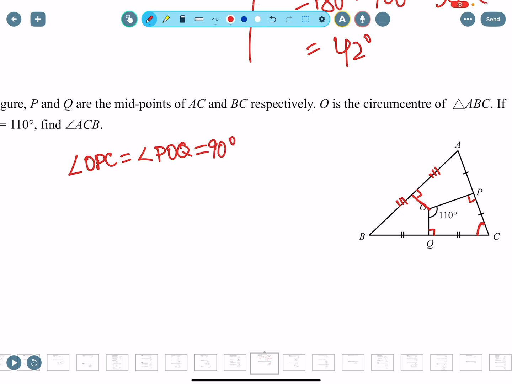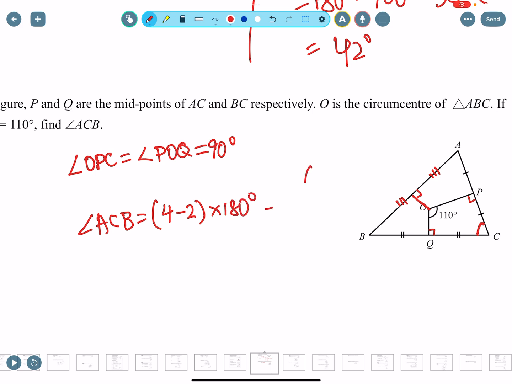So by using angles on a polygon, like 4 angles in the shape, we have angle ACB equals 360 degrees. 360 degrees is the total angle in a 4-sided shape. How do we know it's 360? The formula n minus 2, which is 4 sides minus 2, times 180 degrees, is 360.